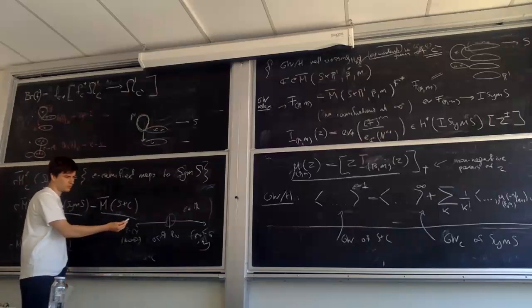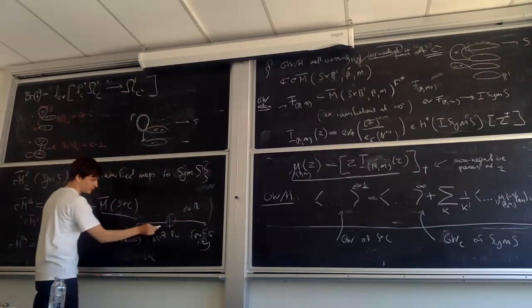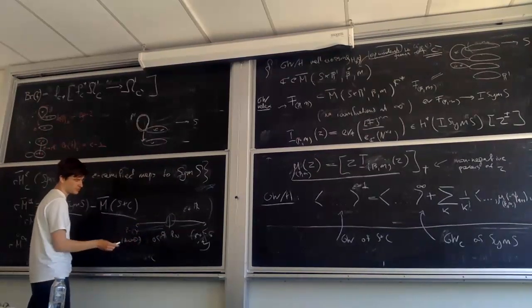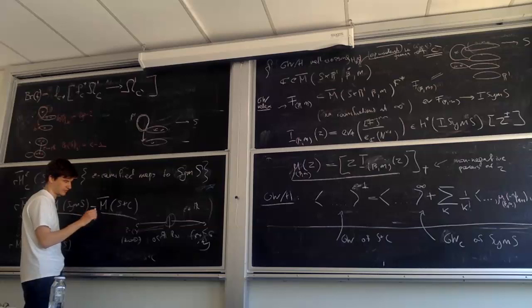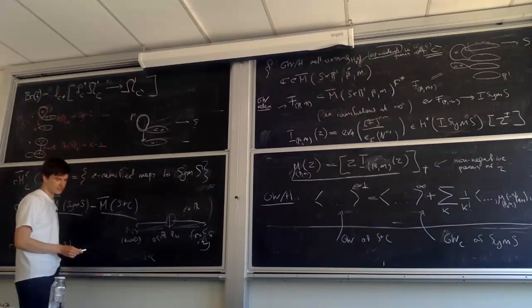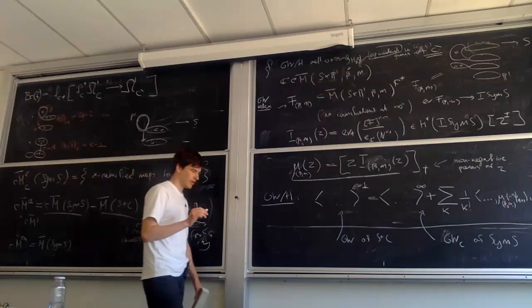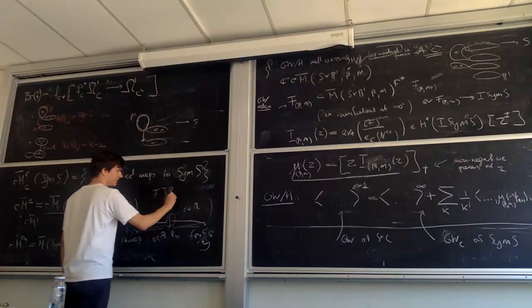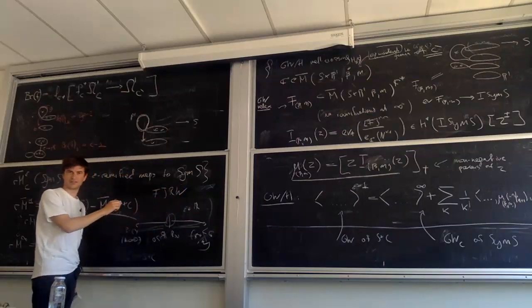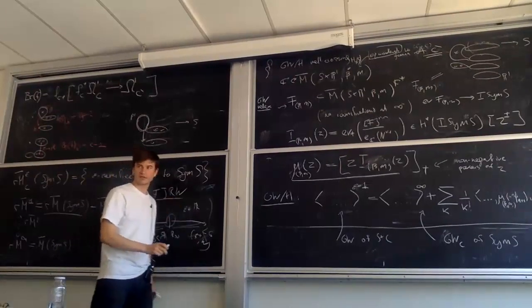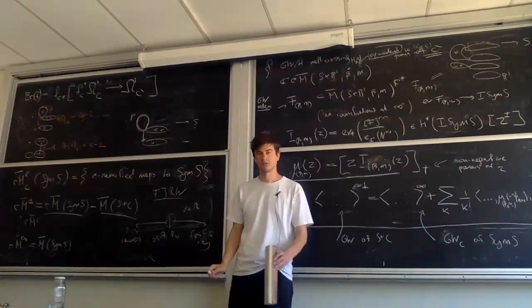When you vary stability on this side, you vary stability on this side. Varying stability on this side corresponds to quasi-map stability, and varying stability on that side corresponds to this FJRW theory, or what is it right there? I think this is correct. Yeah, exactly.